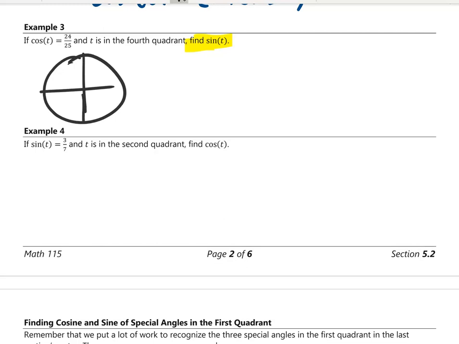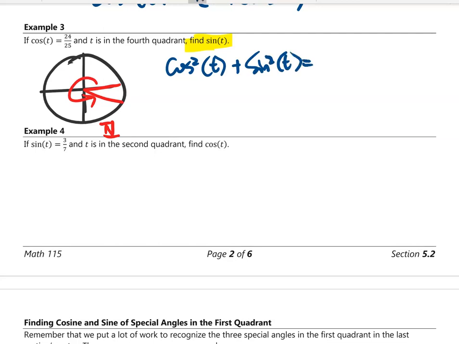Cosine of t is in the fourth quadrant. So let's say this is the fourth quadrant. We want this angle. So remember, cosine squared t plus sine squared of t is equal to 1.